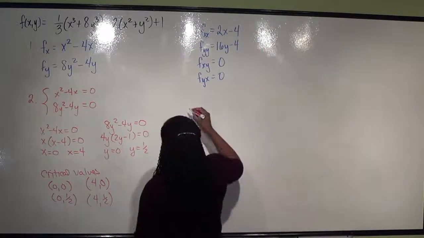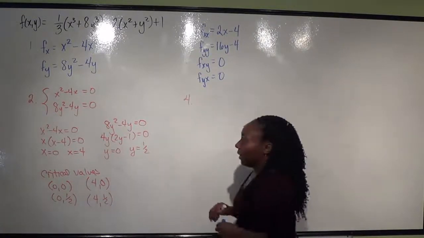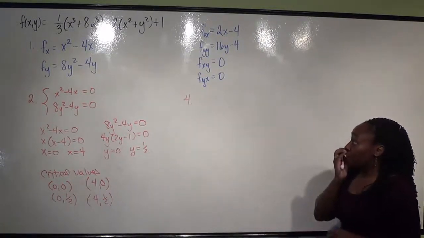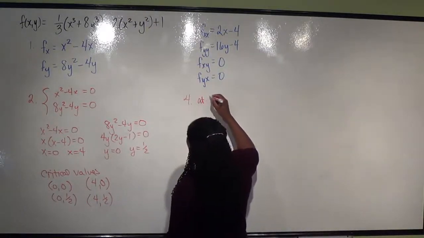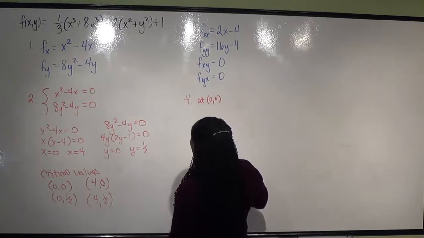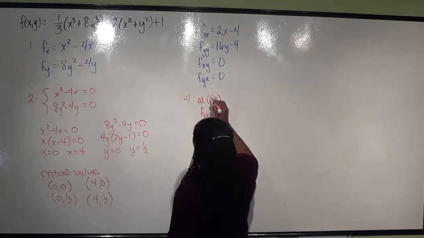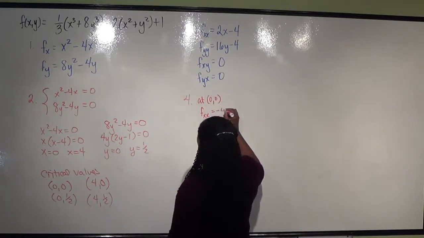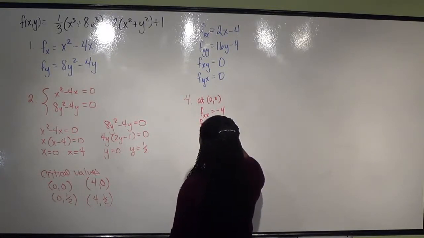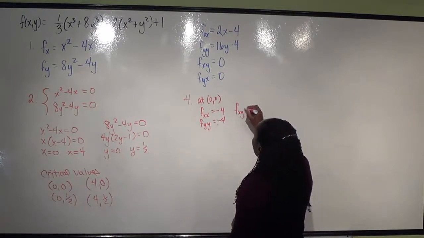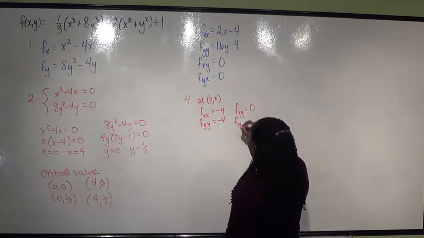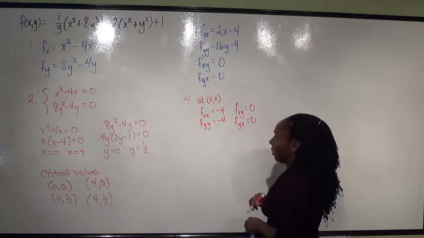Now, evaluating these at each of the critical values. Okay. So this one, instead of writing them all out, I'm just going to do it this way. So at 0, 0, we can see that f(x)(x) is going to be negative 4. F(y)(y) is going to be negative 4. F(xy) is still 0. F(y)(x) is still 0.